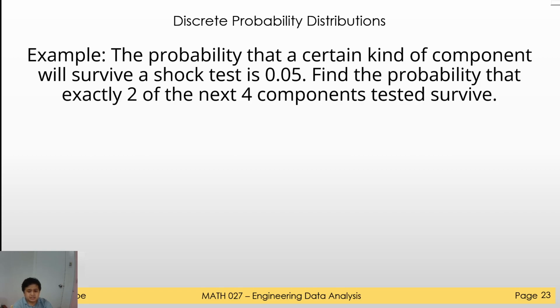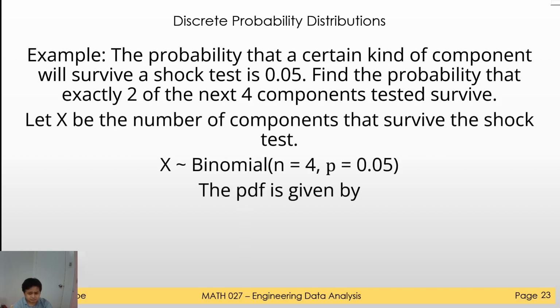How do we determine this? We can just use the formula. What are the givens here? n is 4, since we have 4 components, or 4 trials, and the probability of success is 5% or 0.05.